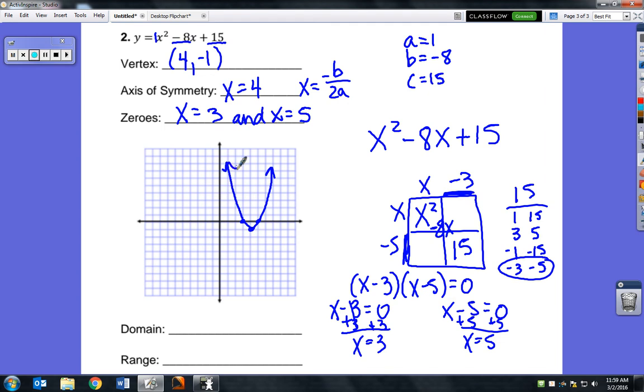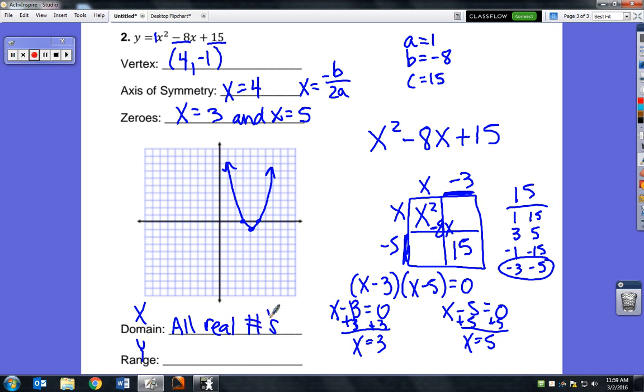From there, we can find our domain and our range. Remember that domain is x, range is y. Range is going to be different. Domain is usually the same every single time. For this portion of the test, it's going to be the same every single time. It's going to be from negative infinity to positive infinity, which is the same thing as all real numbers.